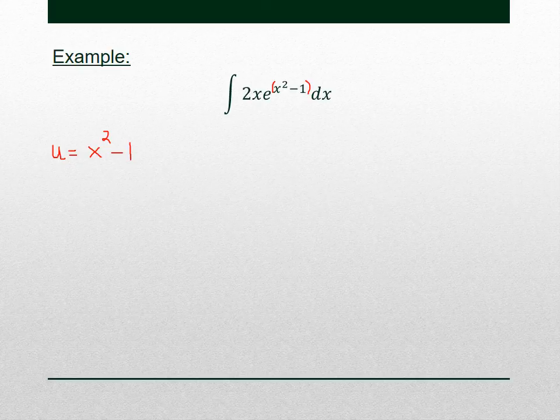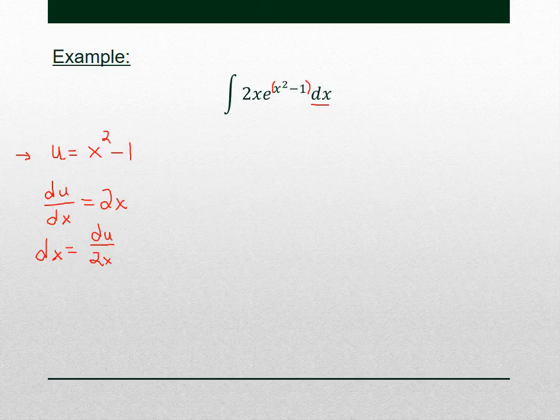In order to get rid of this dx, we are going to take the derivative of this equation with u's and x's. On the left side, we get the derivative of u with respect to x, so that's du dx. On the right side, we get 2x. Now solve for dx, and you get dx is du over 2x.